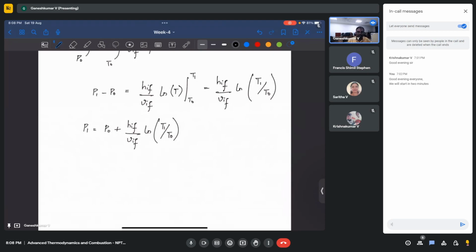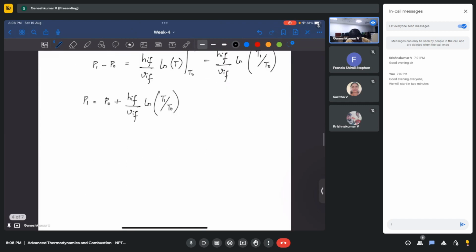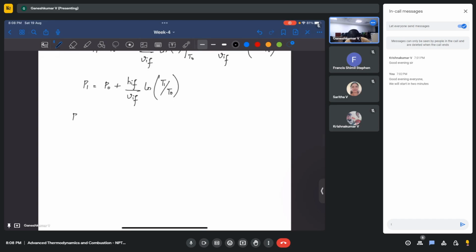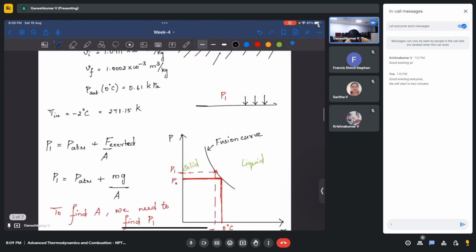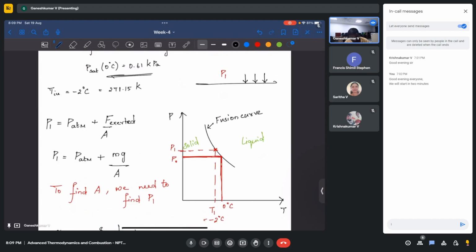After that anyway we need to find pressure, right? That is what is important. So if we continue substituting, we'll end up with an expression like this. Now, what is P0 here? It's already given, right?